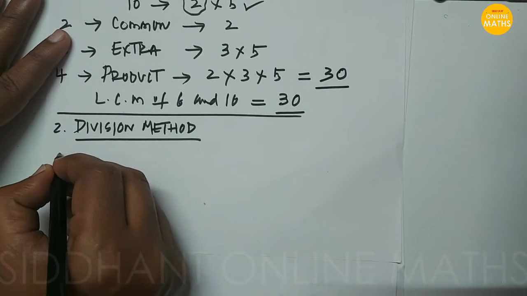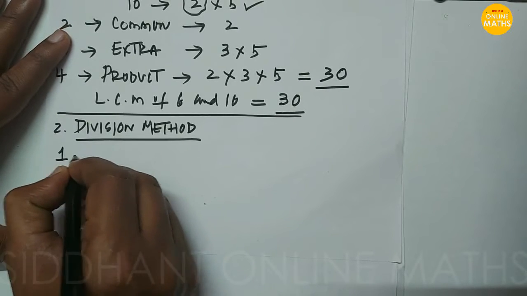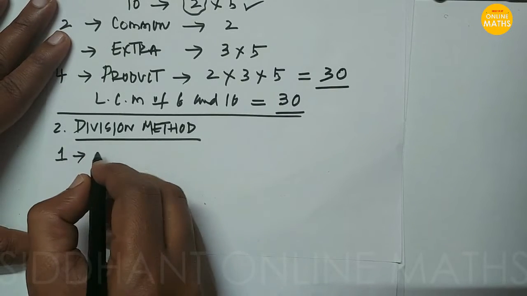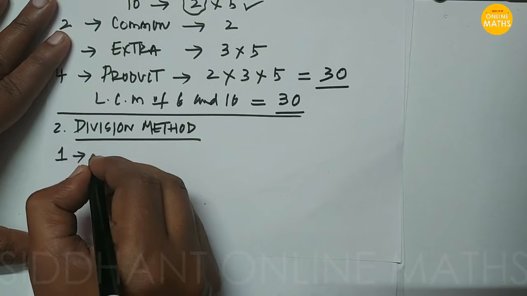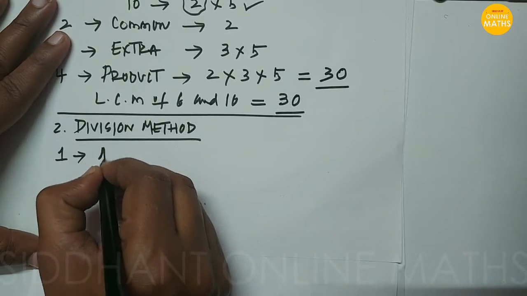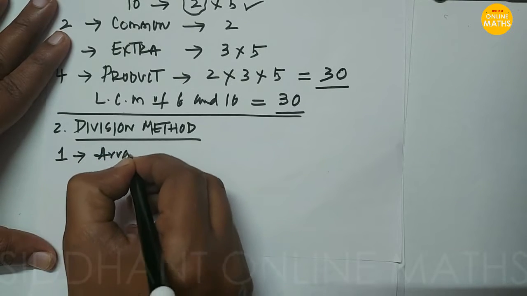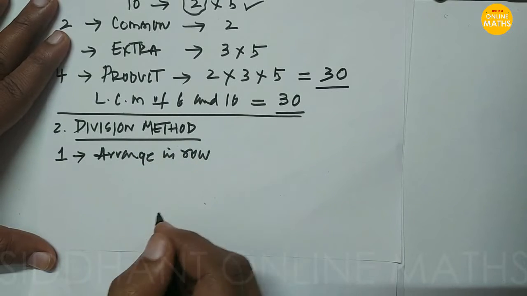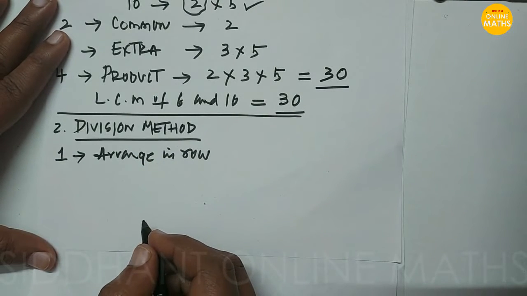In this method, the first step is, when the given numbers are given to you, we arrange them in a row.